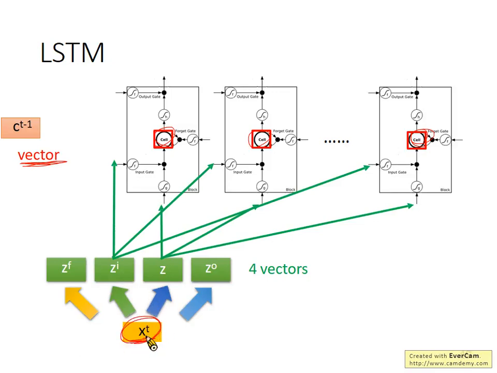The input x_t is multiplied by 4 different matrices to get 4 different signals. The first signal is z, the original input signal.